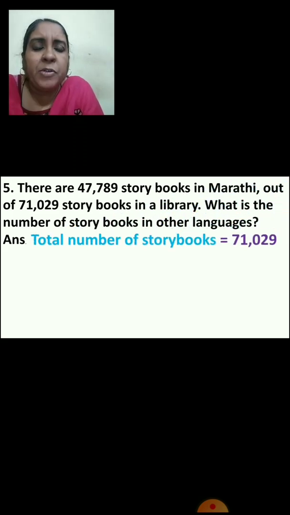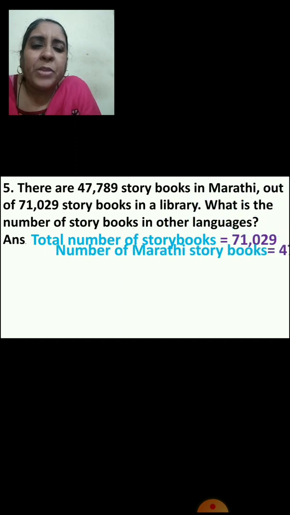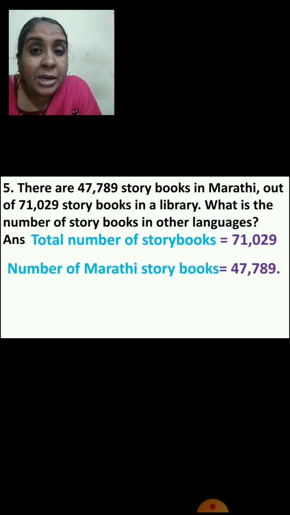So what will be our first statement? Yes, first we will write total number of story books, since that is a bigger number, right? First we will write total. How many total books are there in the library? Total number of story books is how much? 71,029. What will be our second statement? Number of Marathi story books.